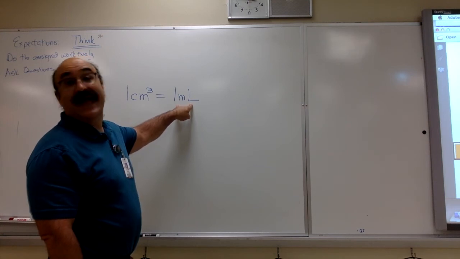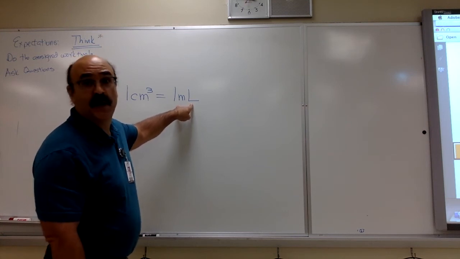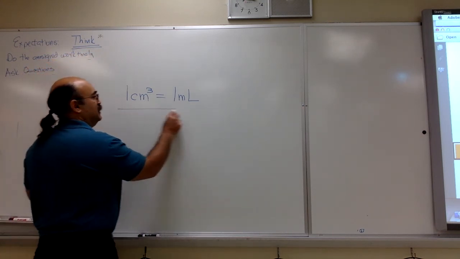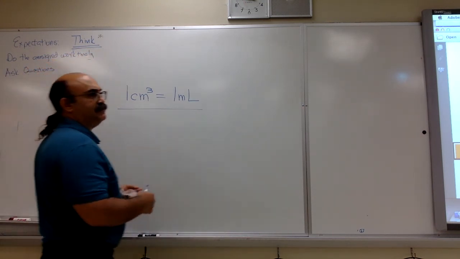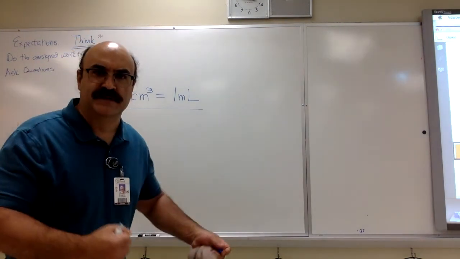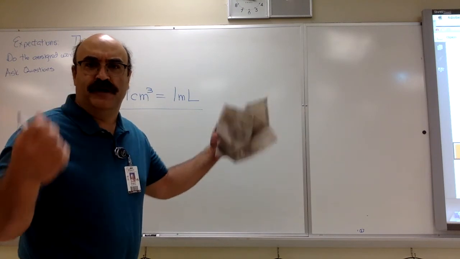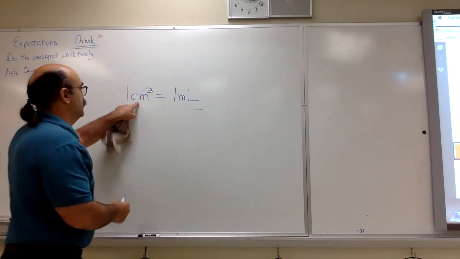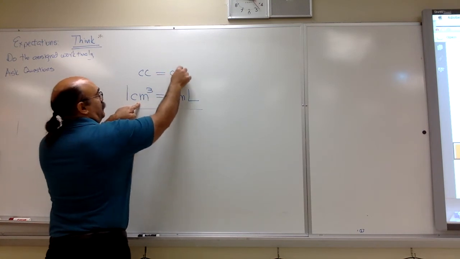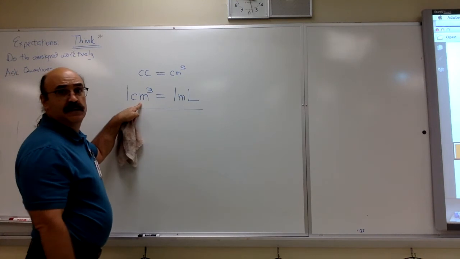So if I'm measuring air, or I'm measuring water, or I'm measuring medicine, you may have remembered hearing in old medical shows where they talk about give them 50 cc's of thorazine or something, or epinephrine or whatever. cc stands for cubic centimeter. Centimeter cubed.